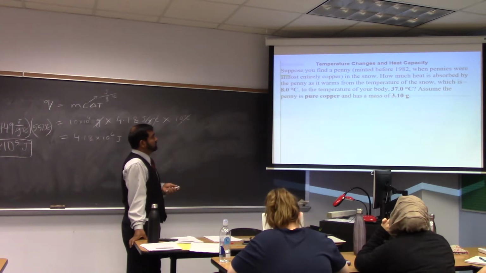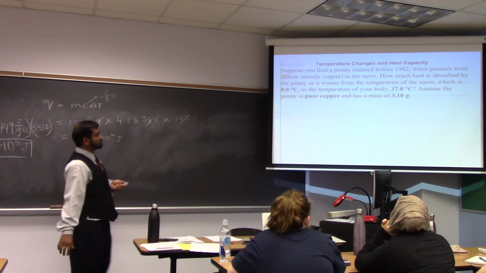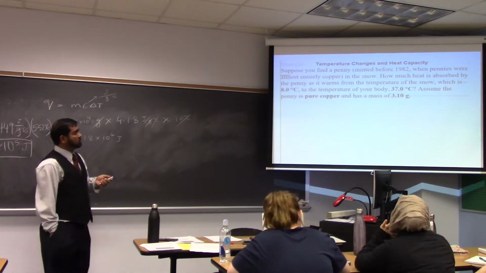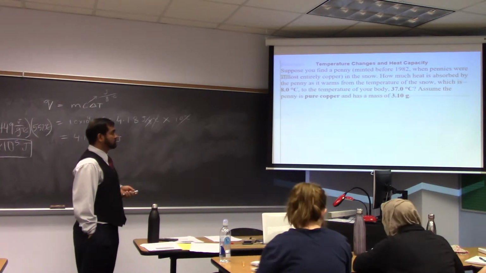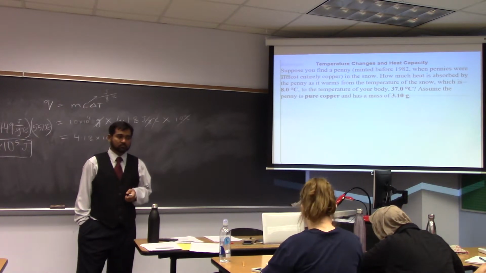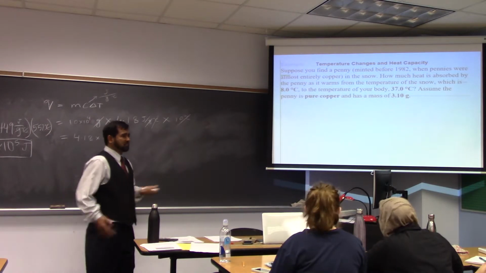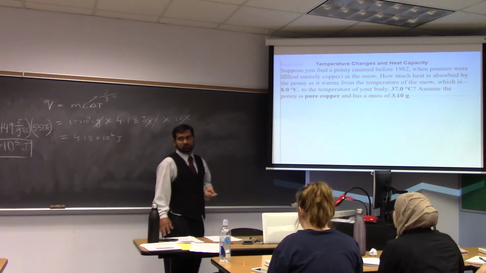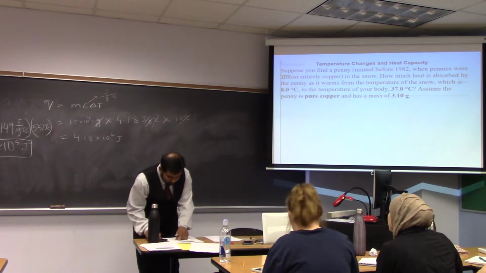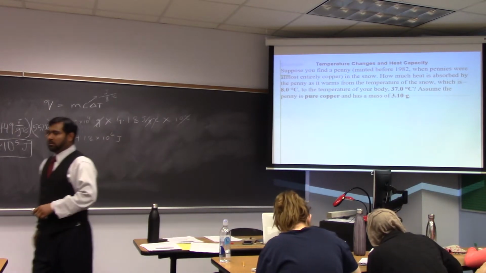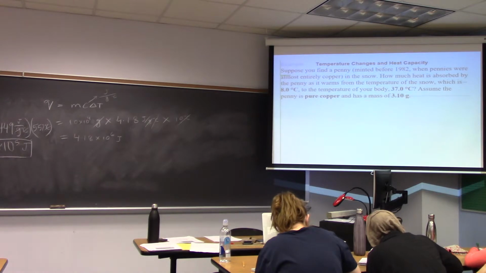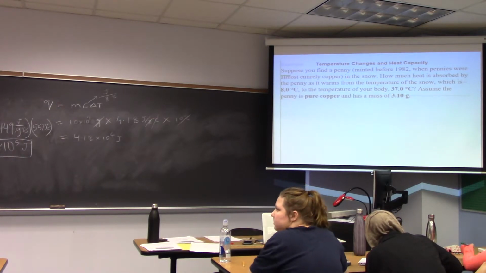The question is, how much heat is absorbed by this copper penny? Same thing, same formula. From the chart, copper is 0.385. Yes. Do we need to know all this for the test? Remember I said you guys should have trust in me, right? Okay. Yes.